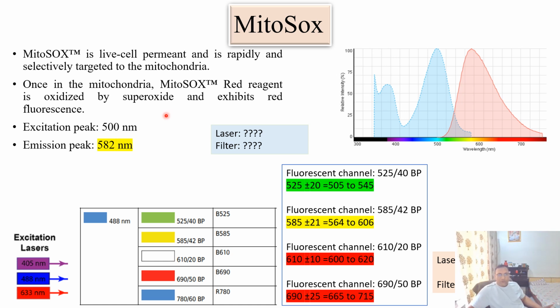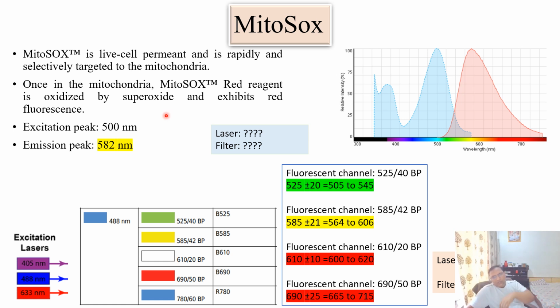We know that mitochondria is a double-edged sword. The mitochondria produce ATP as well as free radicals. If more free radicals are produced, it is harmful for the cells. The main primary free radical of the mitochondria, produced only by the mitochondria, is superoxide. That means superoxide is very specific for the mitochondria.